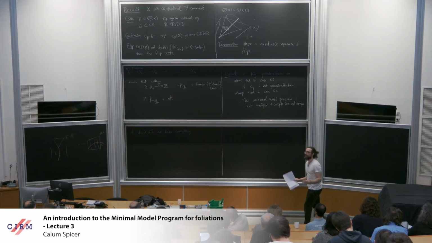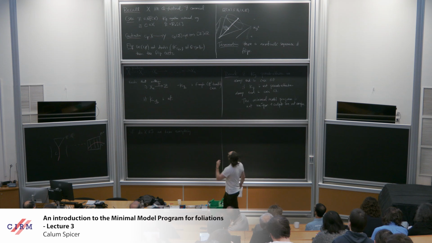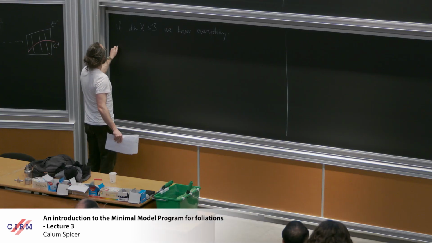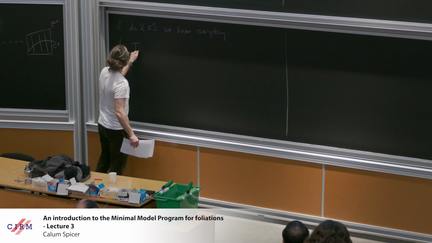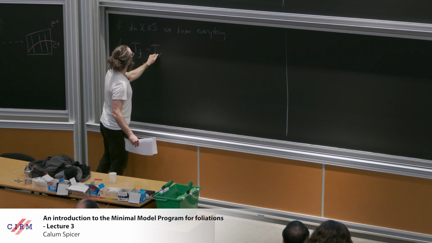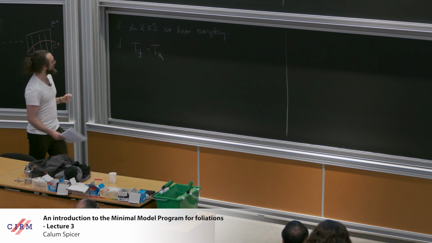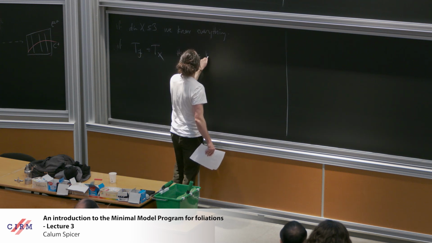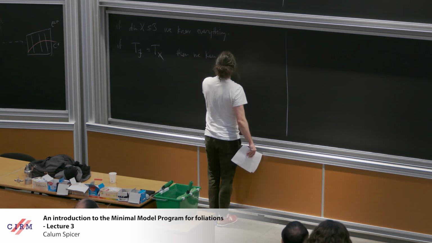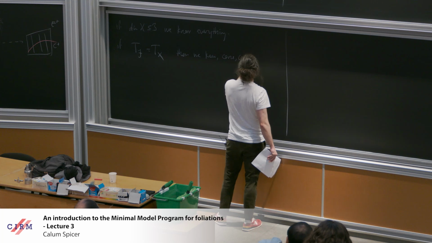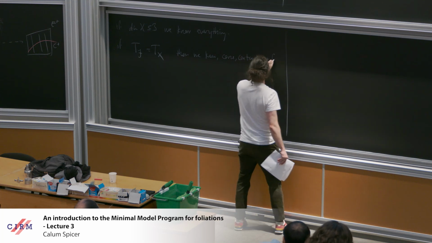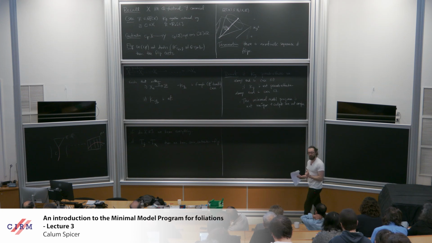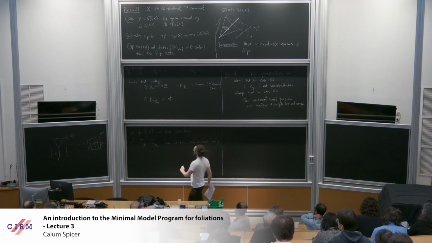So in dimension 3, we know everything. There's no mysteries. Now, in the case where we have the foliation with one leaf, so T_F is equal to T_X, then we know cone, contraction, and flip, but we don't know termination. So termination is the hard part.